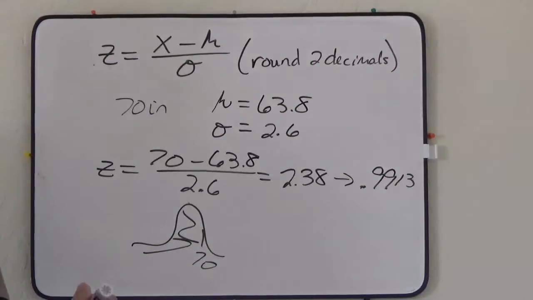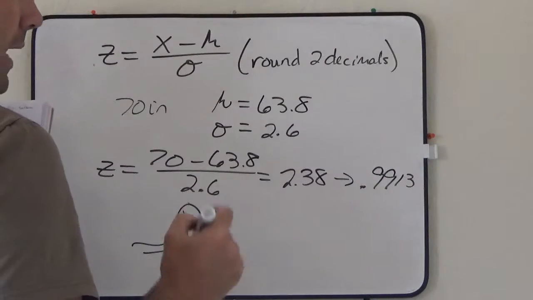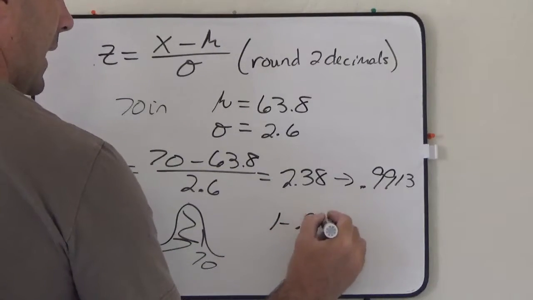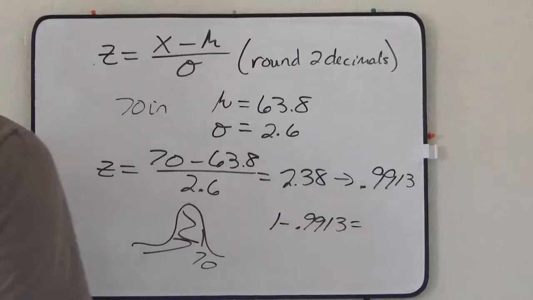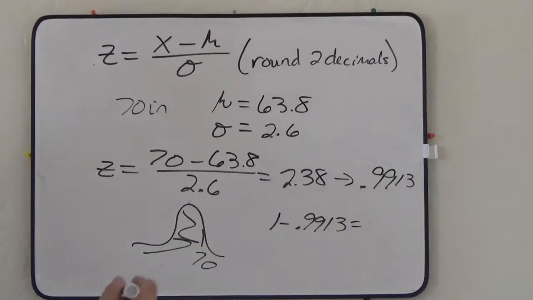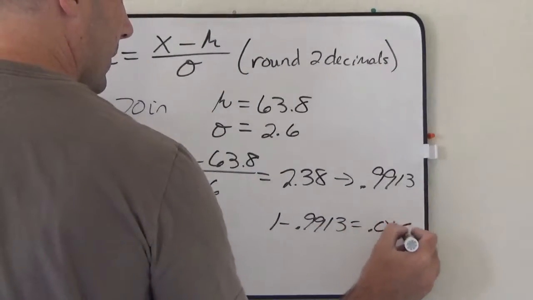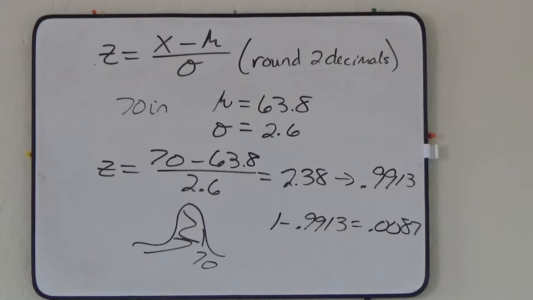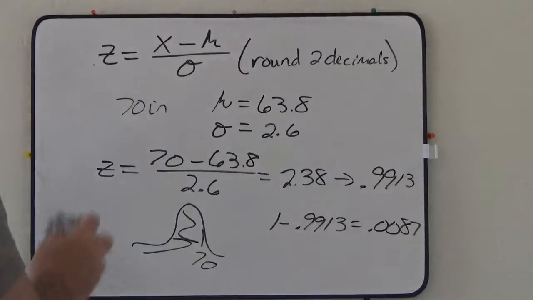With it being 0.9913, we can then find everything greater than that by doing 1 minus 0.9913, and the answer is 0.0087, which means the probability that a woman is 70 inches or greater is 0.87%. Okay? That's how that z-score works for us. So we can use this when our mean is not 0 and our standard deviation is not 1.